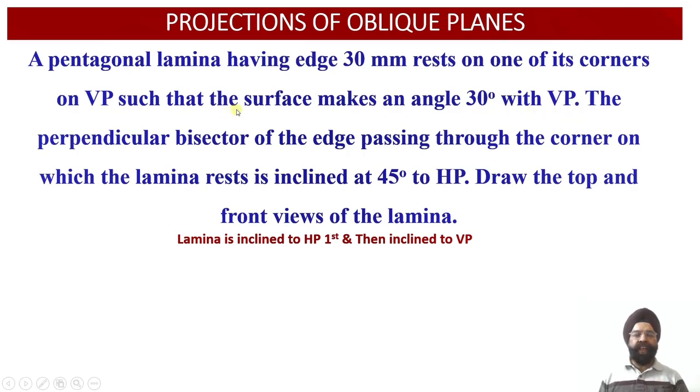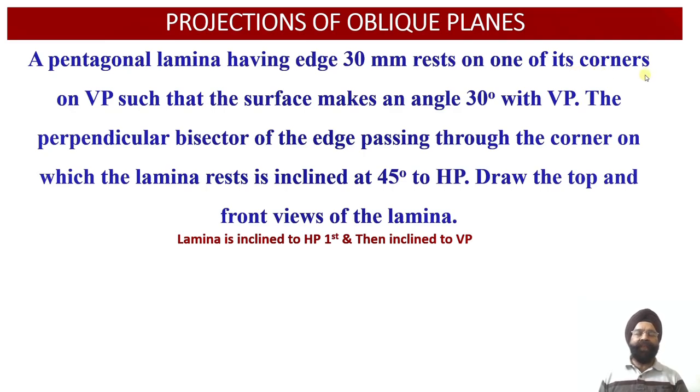Now, since the surface of the lamina is inclined at an angle of 30 degree with respect to the vertical plane, to begin with we are going to assume that this lamina will be parallel to, or contained by, the vertical plane. And here, one of the corners of this lamina is resting onto the vertical plane.